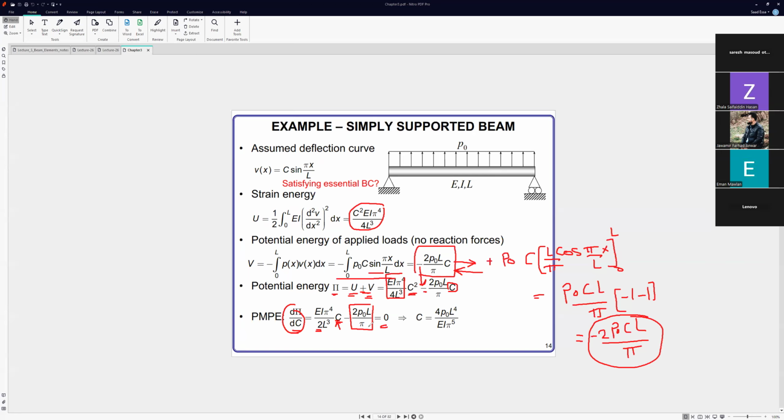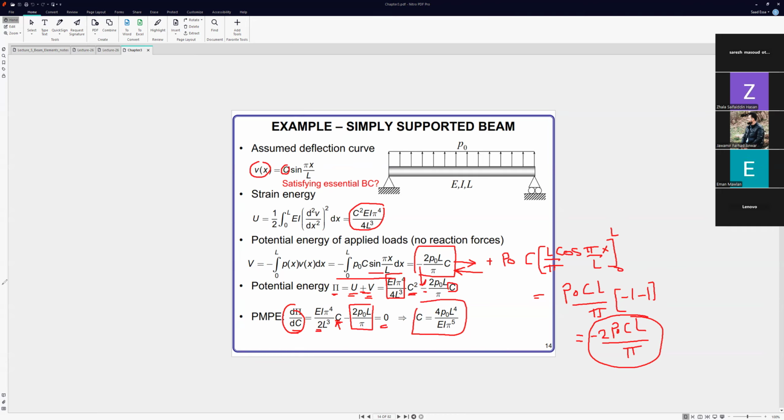At that time, we can say C is equal to 4 P naught L to the power 4 over EI pi to the power 5 after the manipulation. Just by this we find the constant. This is important. Now the deflection curve is available to find the deflection at any point.